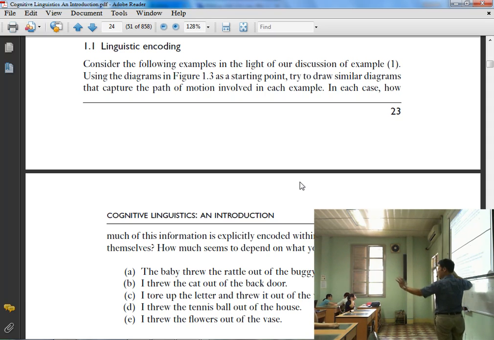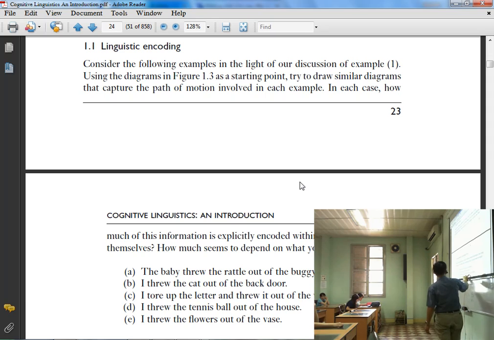Rather than a 3D space, a flat back door. And I threw the cat out the back door, so maybe I stay here. Now, threw the cat out of the back door. It's more like this. So this is the cat. See? This is the path of motion in example B.